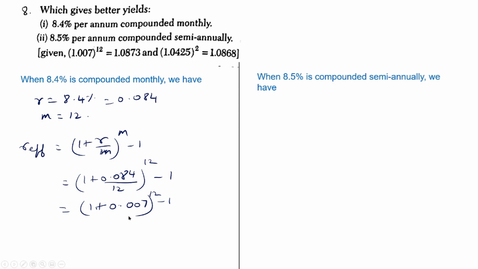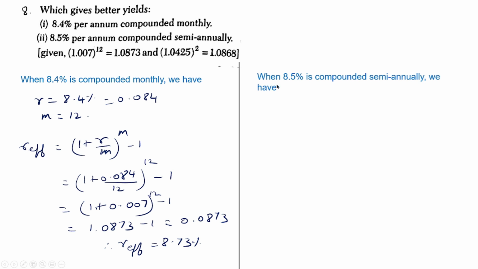This is 1.007 the whole raised to 12. It is 1.0873. So this is 1.0873 minus 1, which is 0.0873. Therefore, in this case, the effective rate of interest is 8.73%. We can find which gives better yield by comparing the effective rate of interest. The one which has higher effective rate of interest will give better yield.